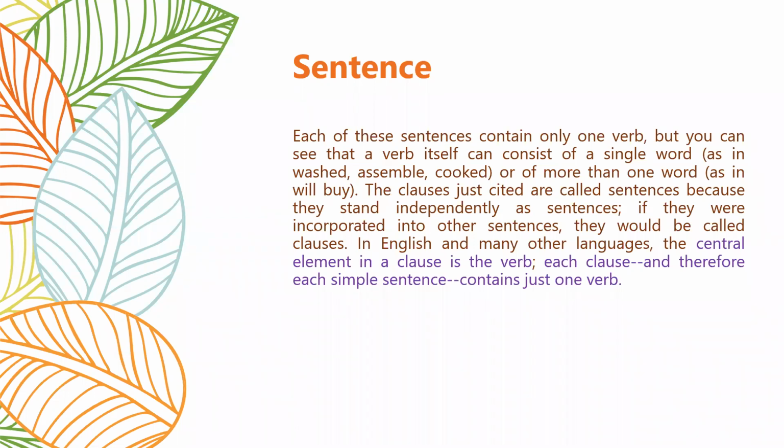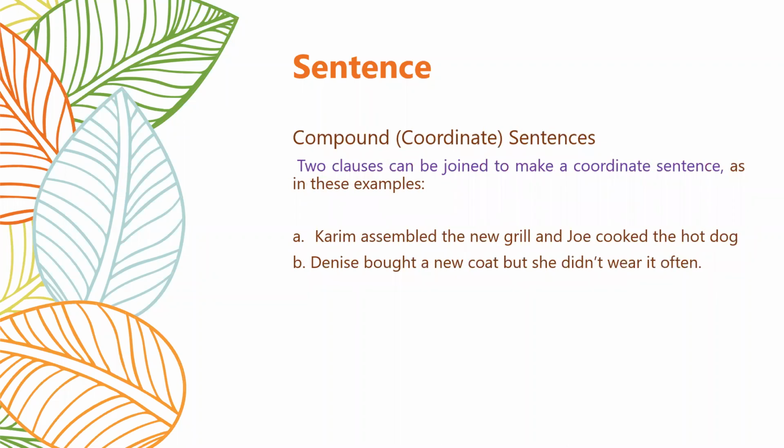Okay, so let's see the compound sentences. Two clauses can be joined to make a coordinate sentence. It has another name, coordinate sentence, because you need coordinating conjunctions to put together two different sentences or clauses. As in these examples, Karim assembled a new grill and Joe cooked the hot dog.